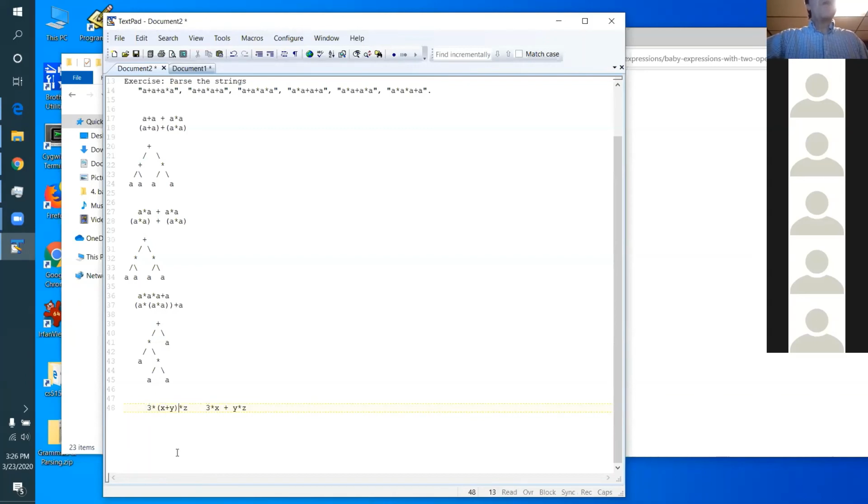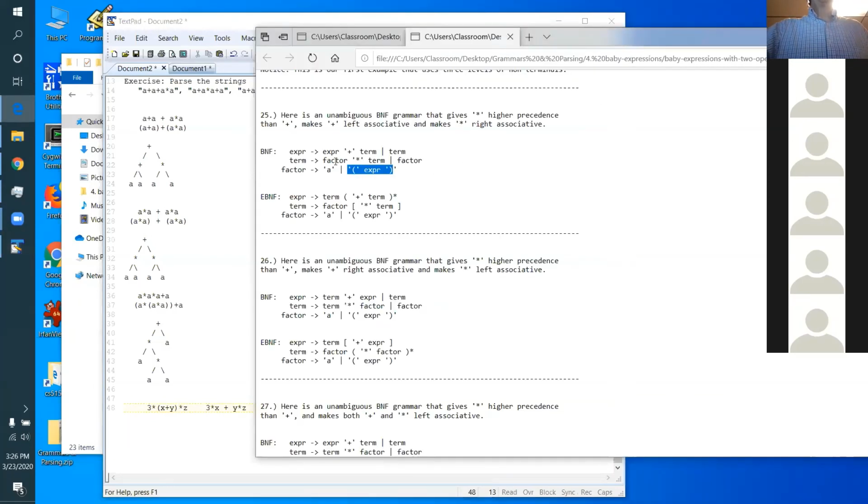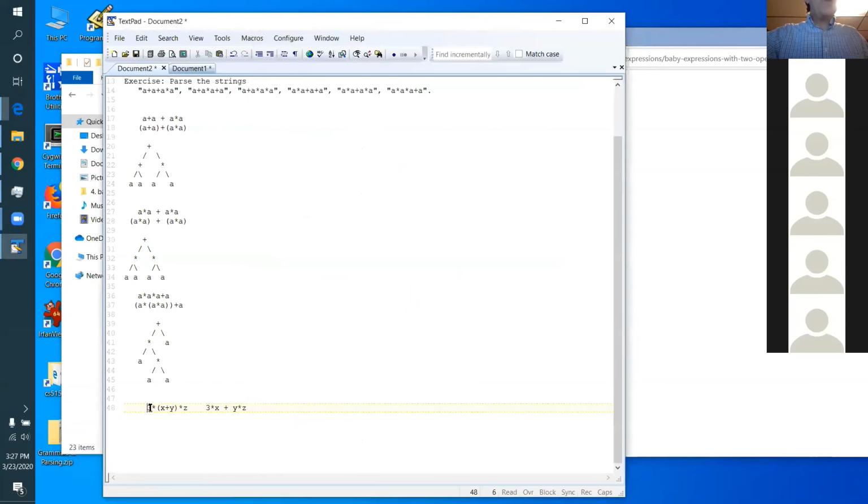So in our grammar, a term is a factor times another term, or just a factor by itself, and a factor can be a grouped factor. You notice that down here, a factor is either something by itself or a grouped factor.